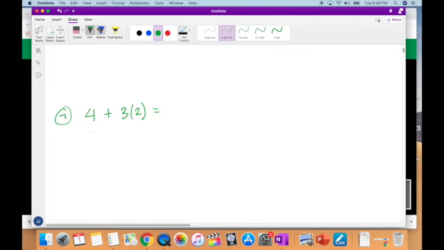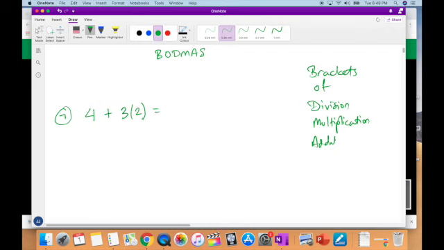Right, so you know what you're talking about with this BODMAS thing, right? BODMAS, what does BODMAS stand for? Right.